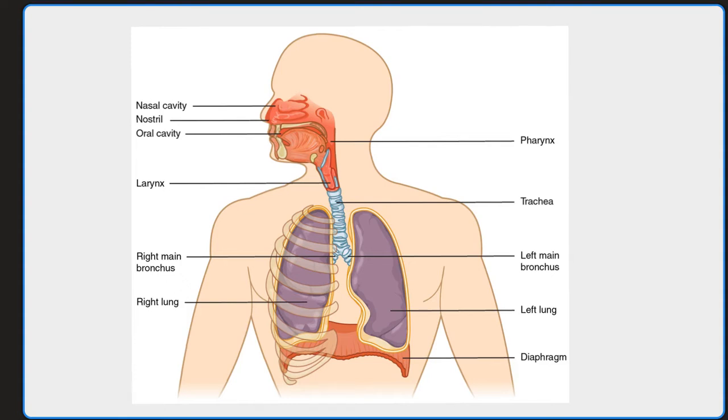In my last video, I went through the different parts of the respiratory system, but let's take a closer look at this. So if we take a look into this area here, which is referred to as the thoracic cavity, we'll see that this is the area where the lungs are found.